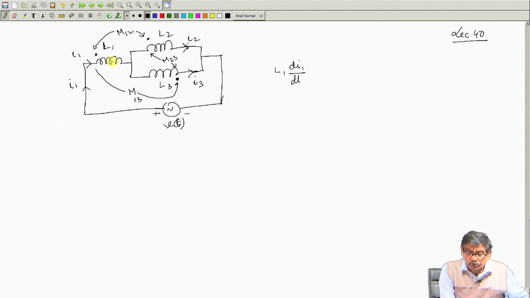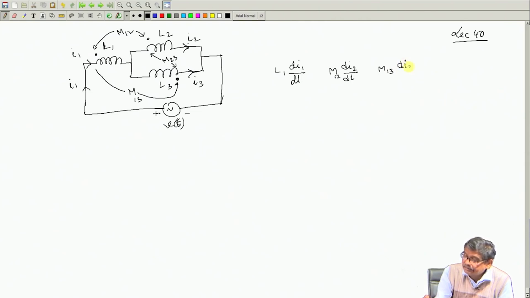But there will be another 2 EMFs. One is because of I2, since they have mutual coupling, so that term will be M12 dI2/dt. And between these 2 points there will be another term, which is M13 dI3/dt. These will be the drops here.